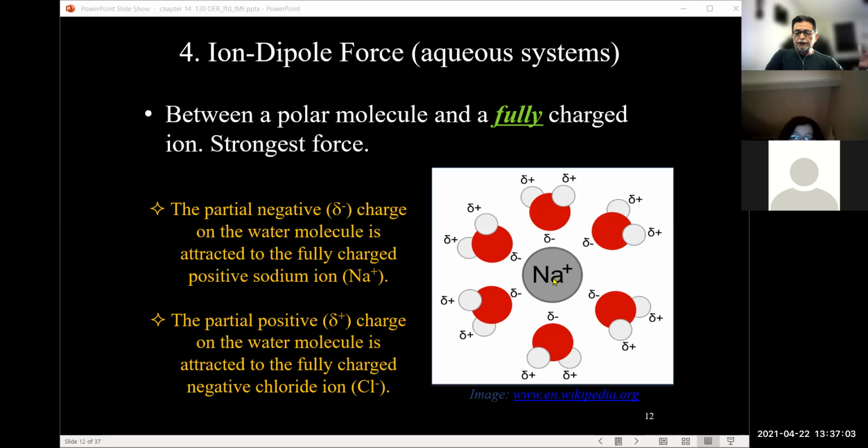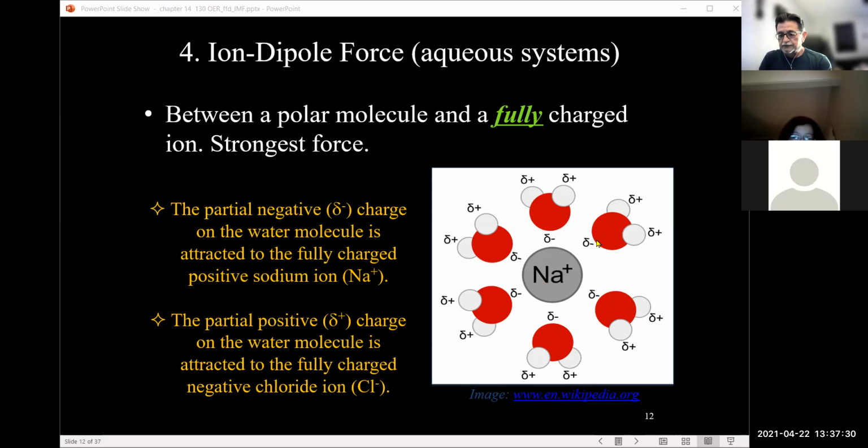You can see here that we need an ionic compound, and we need something that's polar, and that's 9 times out of 10, 99.9999% of the time we're dealing with water. And this diagram here shows how the sodium ion is solvated and surrounded by the water molecule, specifically the oxygen of water, okay?